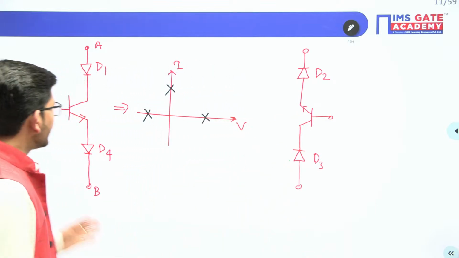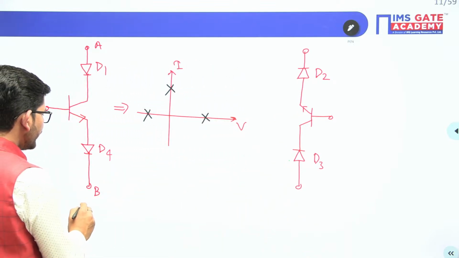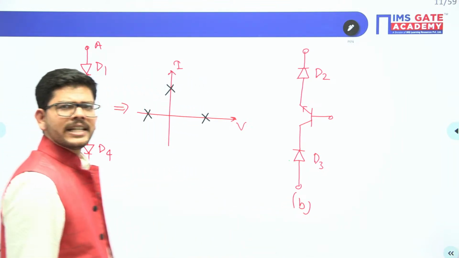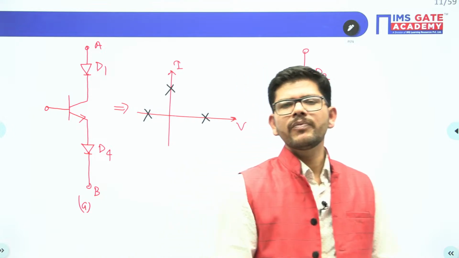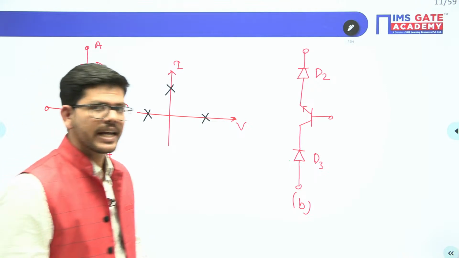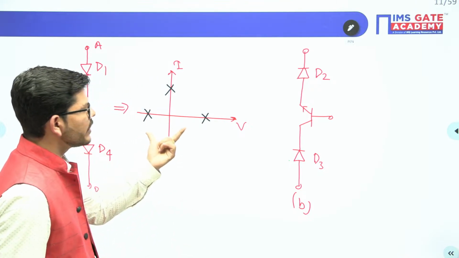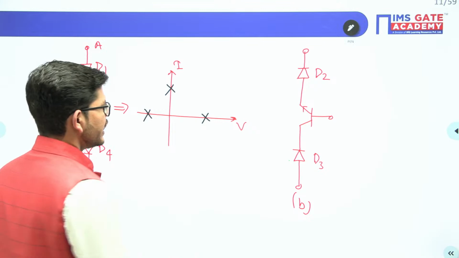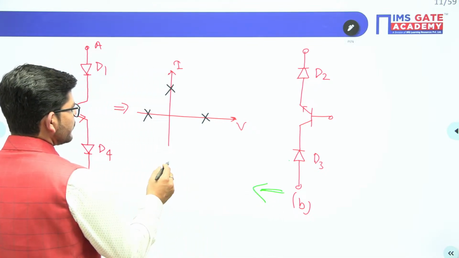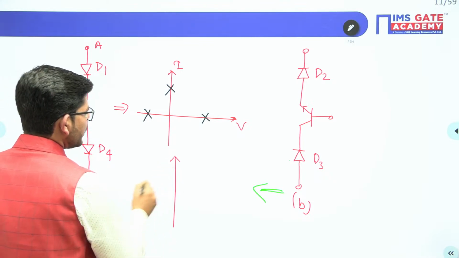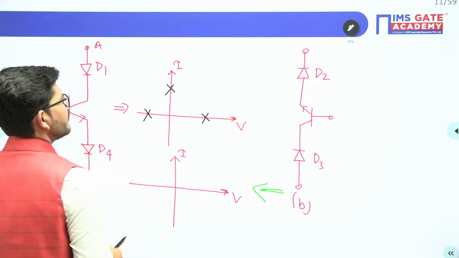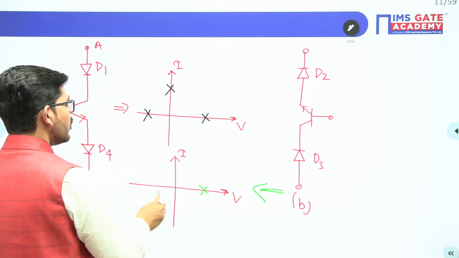Now if you look at both of them, figure A and figure B, isn't figure B the inverted case of figure A? See guys, figure B is the inverted case of figure A. So whatever we have obtained from figure A, the inverse will be there in figure B. So in figure B, we will get just the inverse of figure A. In figure A, we have both the voltages, and the reverse will also be the same.